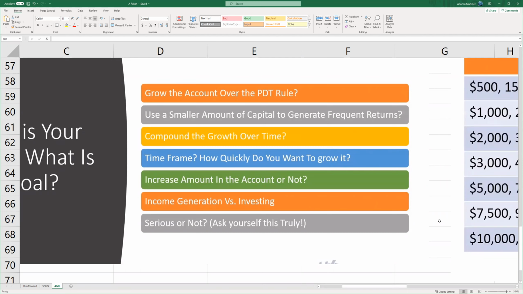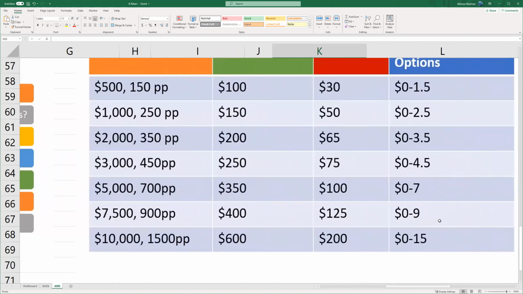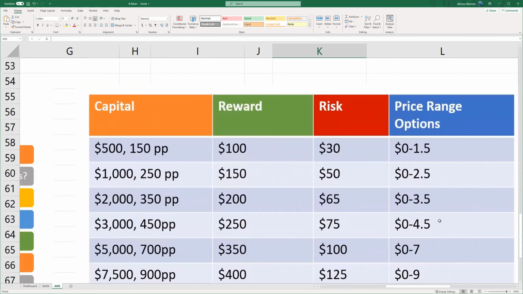Okay, so let's continue. And if you're okay, we're going to work with the example of $2,000, as I said. So what is going to happen if you have $2,000, guys? We're going to go to this beautiful table that everybody knows, but nobody uses, right? So in the example of 2,000, since you have $2,000, your maximum position per trade is going to be $350.